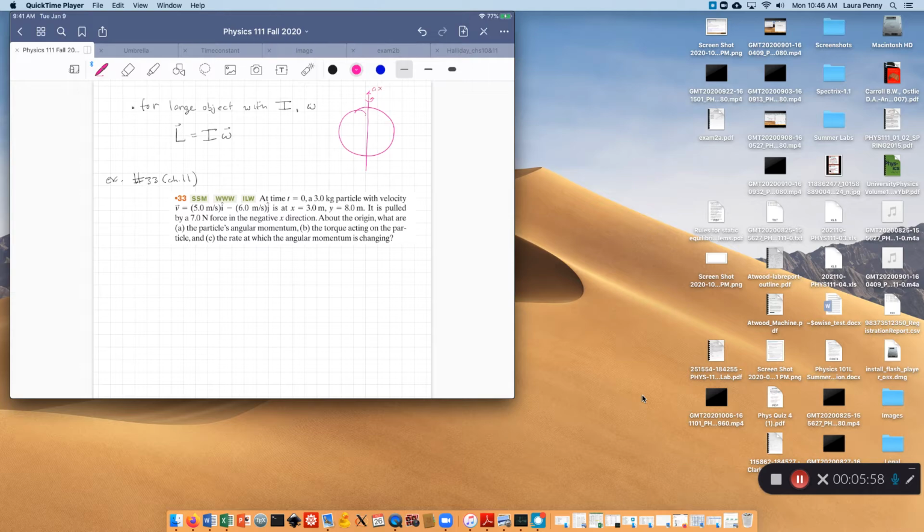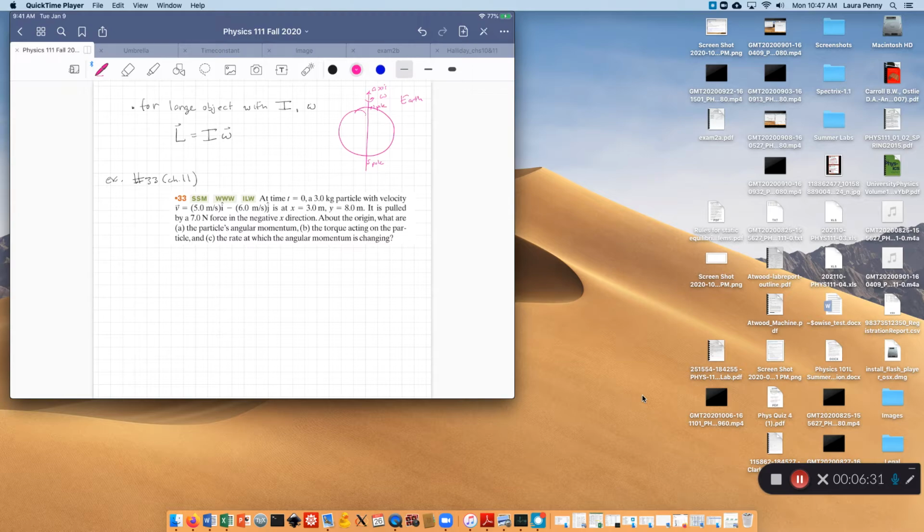Pretend this is like the Earth, or a ball, and it spins around some axis, where this is our North Pole and our South Pole. Then that object has some omega that it's spinning at, and some moment of inertia, which you have to figure out from the table. And then it will have an angular momentum that comes from that spin.